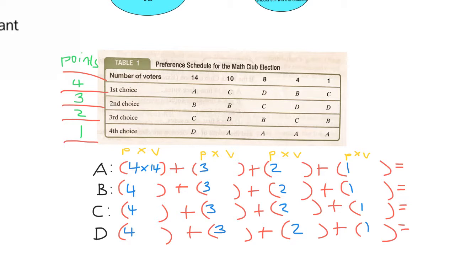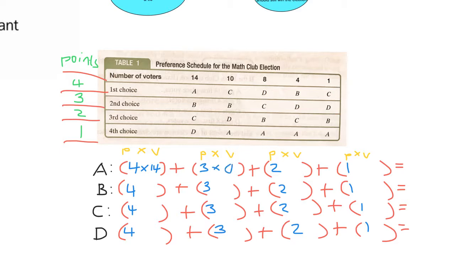Now we go to the 3-point column, which is correlated with second place. So candidate A, how many second place votes did candidate A get, and therefore did candidate A get 3 points per vote? Well, it looks like A is not represented at all in that second row.